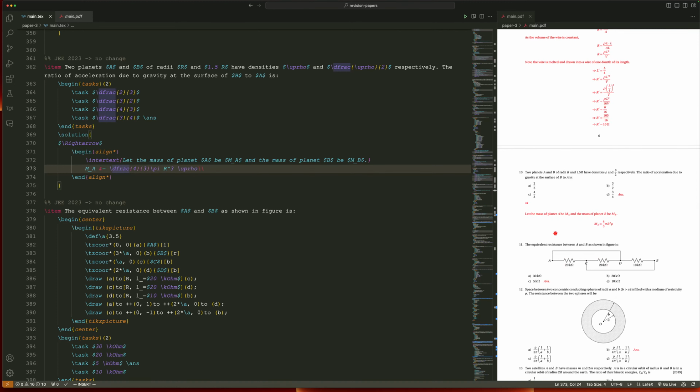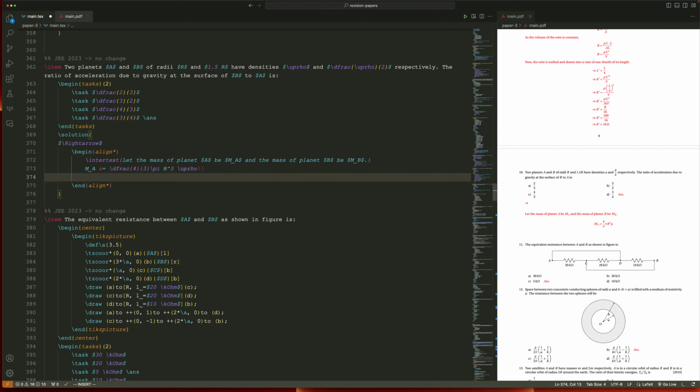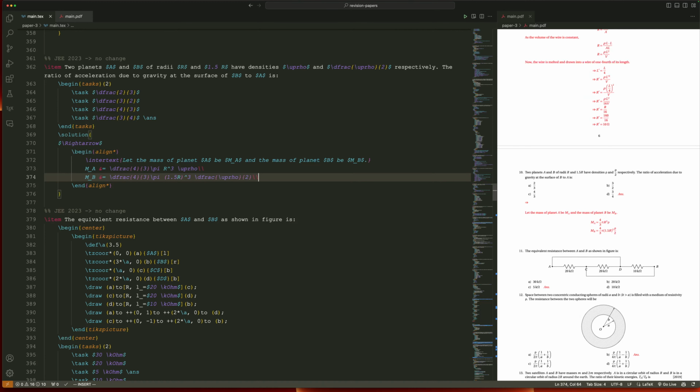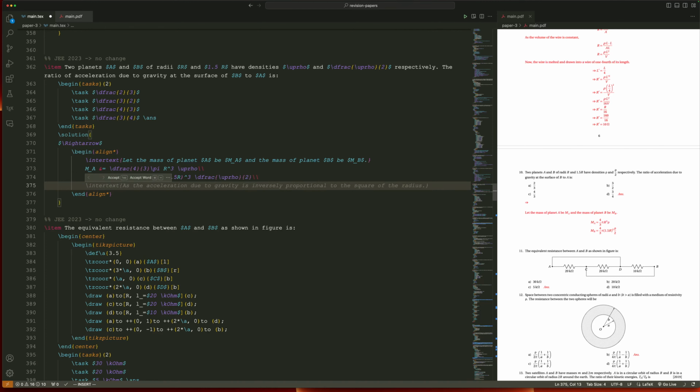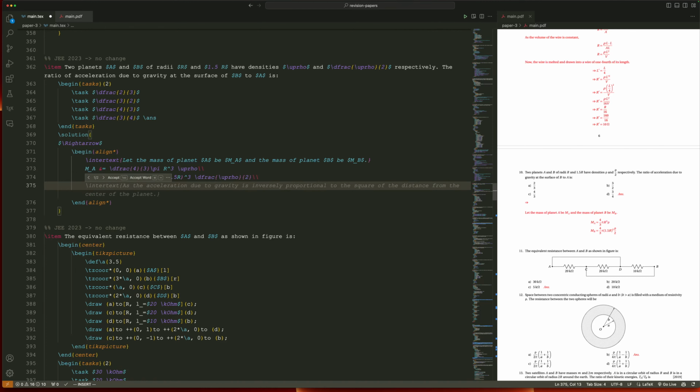Yeah, so let the mass of planet A be MA and the mass of planet B be MB, and let's leave it like that. Yes, it's correct. Then the mass of the planet, perfectly fine, seems fine to me. And then the acceleration due to gravity is inversely proportional to the square of the distance from the center.